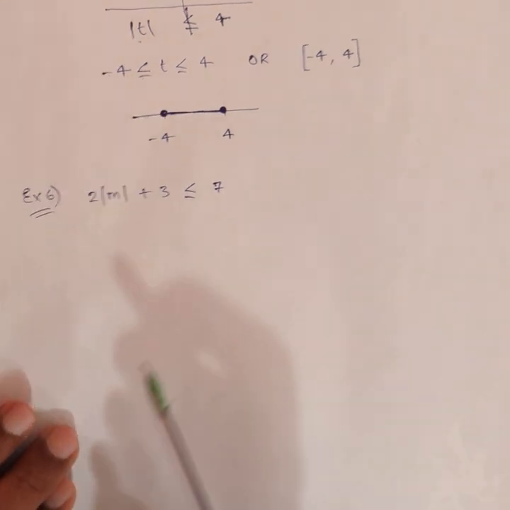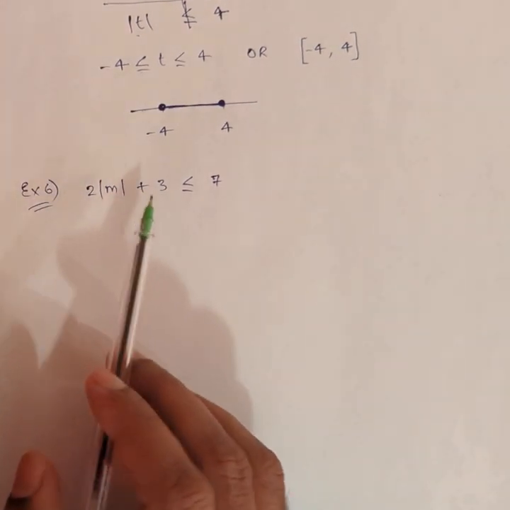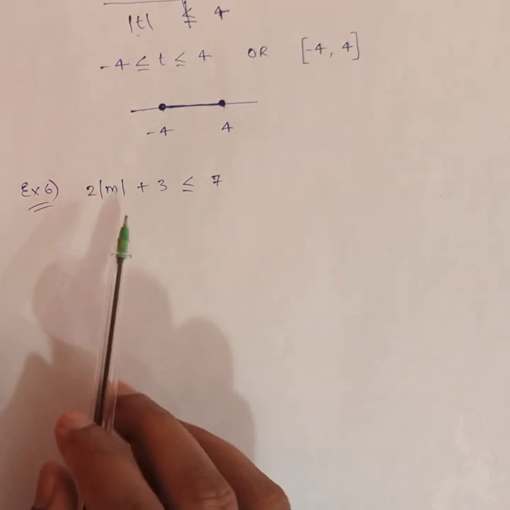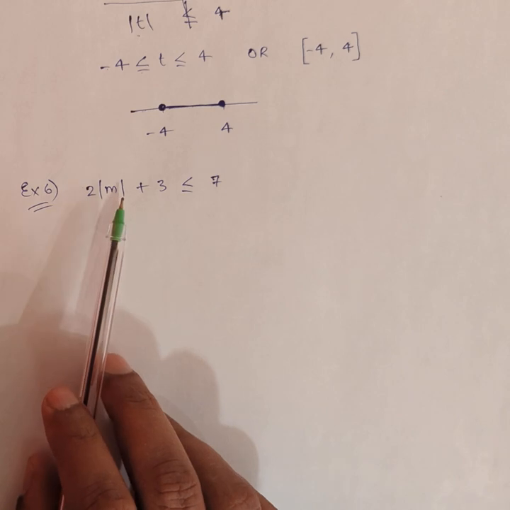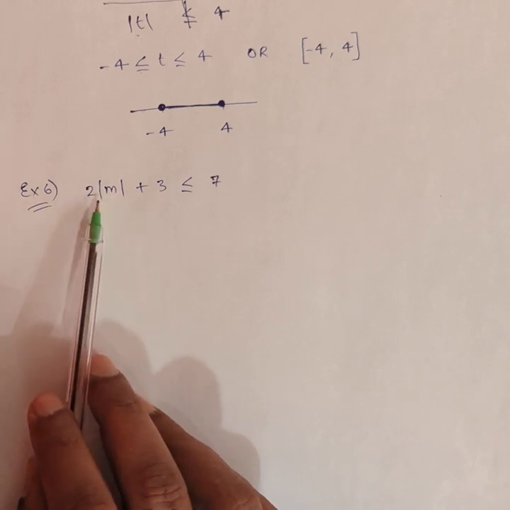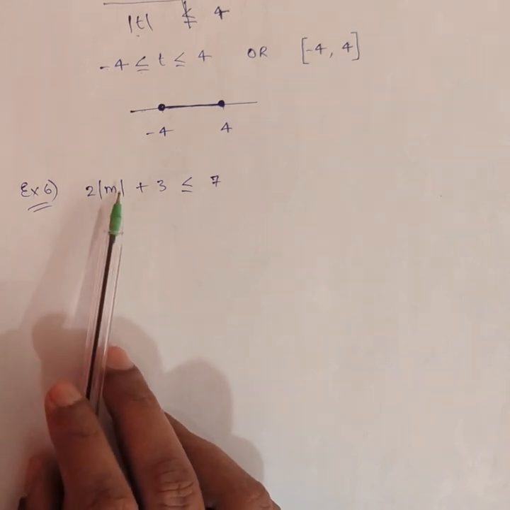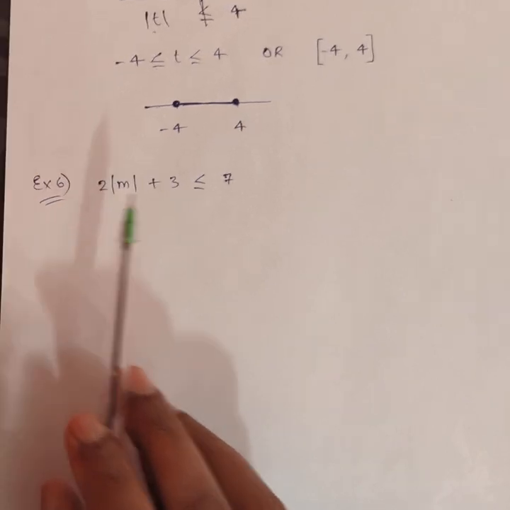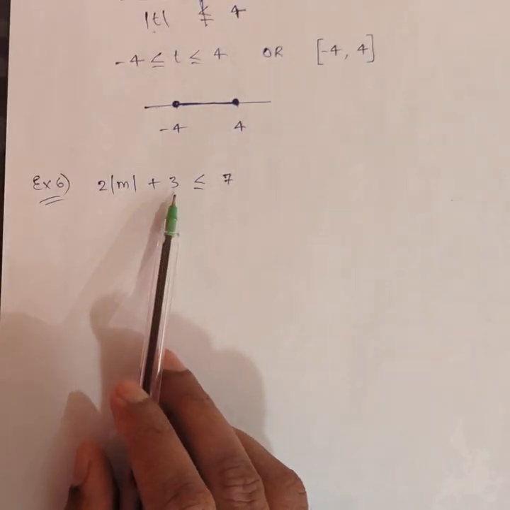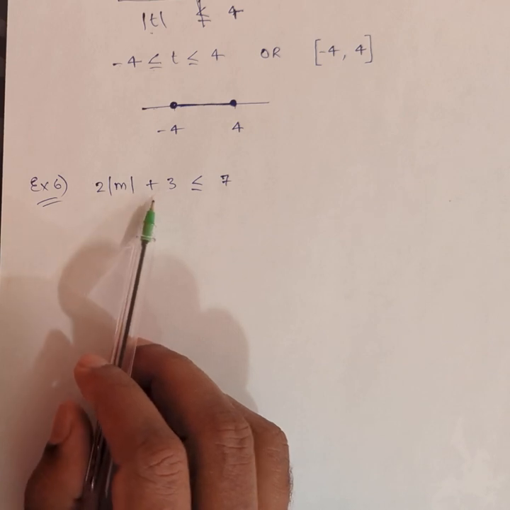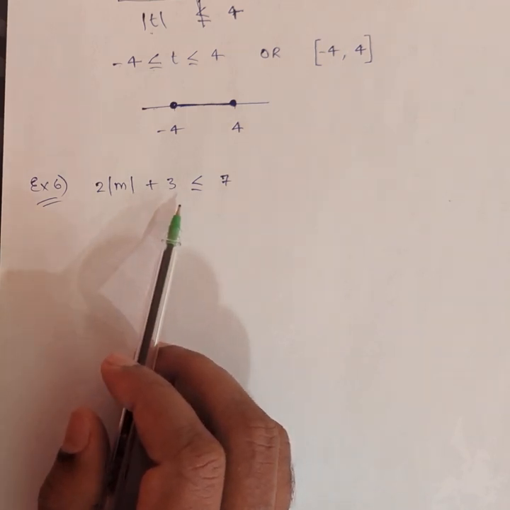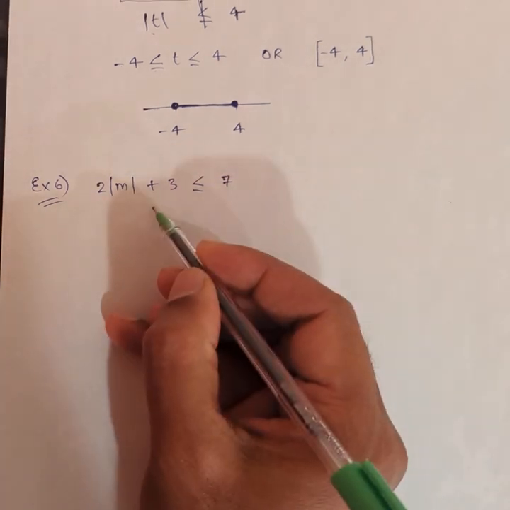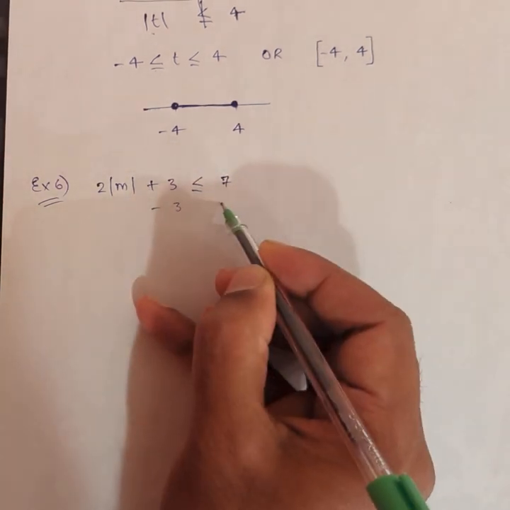So this time I have a whole lot more on the left side than just the absolute value of m. There are actually 2 terms. One term is 2 times absolute value of m. This is one term. And then there is plus 3. Now I need to get rid of the other term first. So I will get rid of the plus 3 by subtracting 3 from both sides.